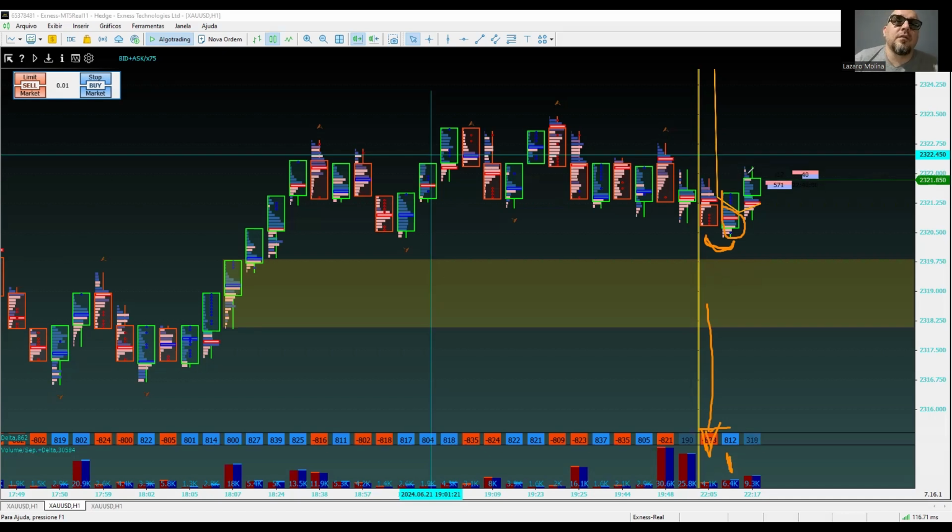So when the cluster comes here near the point of control here, I would put a buying trade starting here, and I would finish this trade at this point near the level of another point of control.